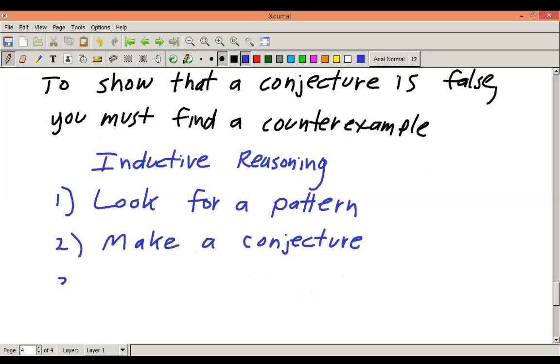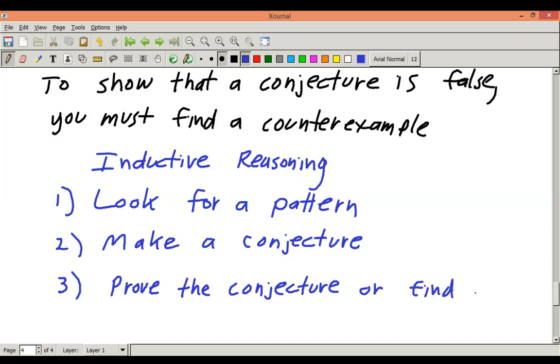And then after you make your conjecture, prove the conjecture, or find a counterexample, which would mean it's false.